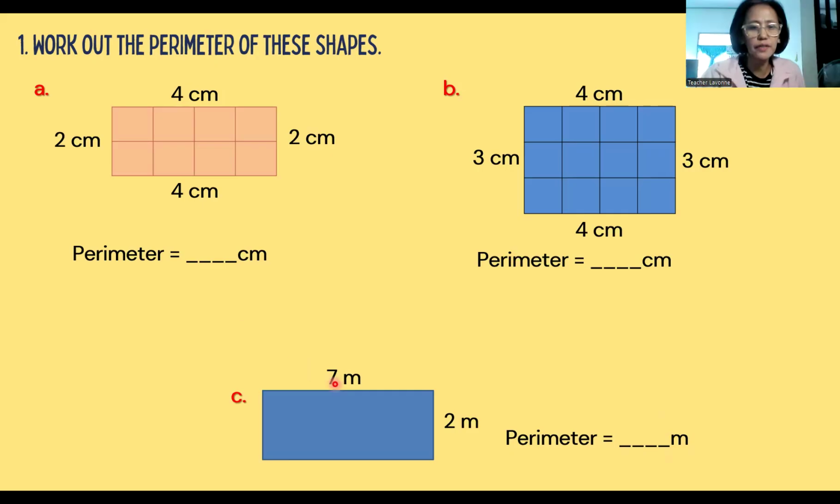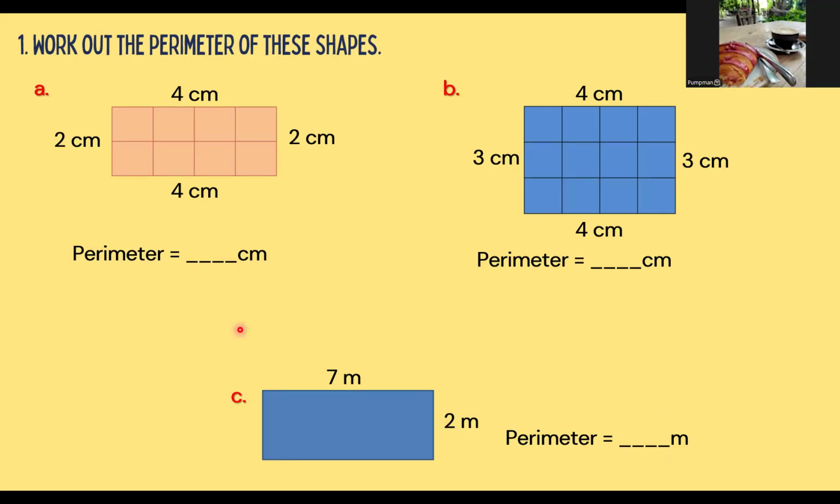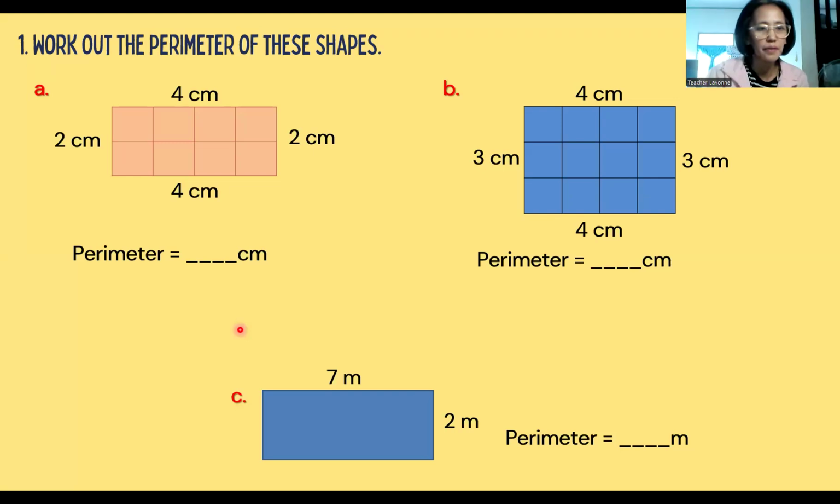Okay, let's see. I show only 7 and 2. But how did you get 18? Thank you. 18 meter. Ayun, 18 meter also. Latte said 18 meter. Very good. You're doing great. Okay, how about the others?